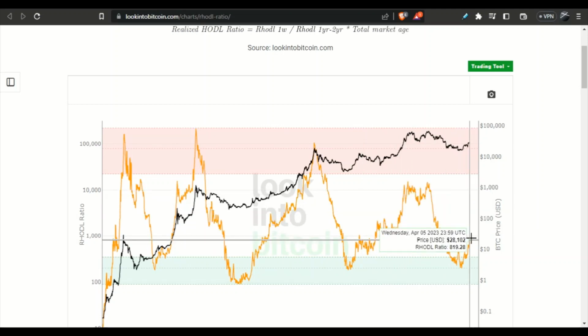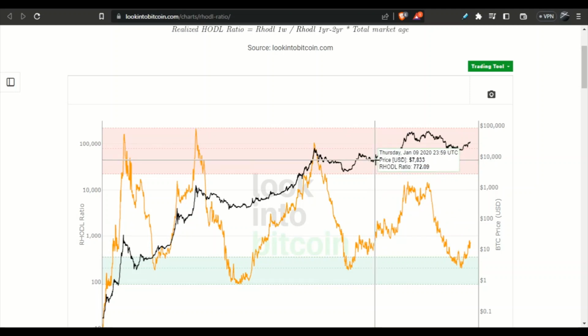So we still have a long way, because currently we are at a ratio of 819. If we want to compare, 800 was here, around this area on previous cycles.